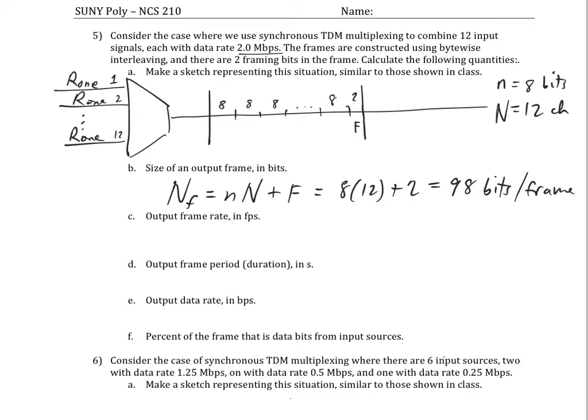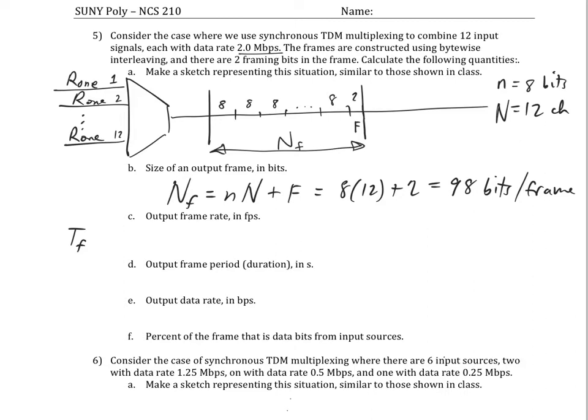Okay. The output frame rate. What I'm going to do here is use the following principle, that the time it takes to create a frame, here is my frame, and it has N_F bits in it, is exactly the same as the amount of time it takes for one of the sources to fill up the bits in that frame.